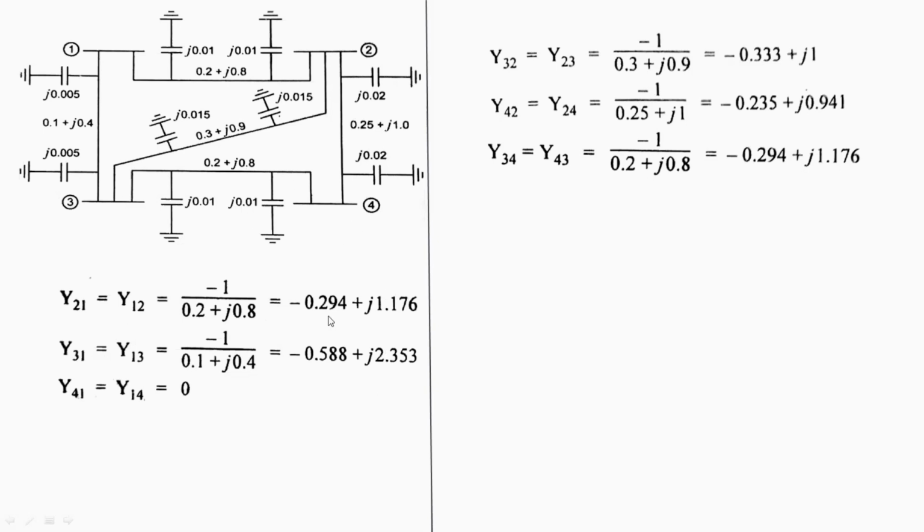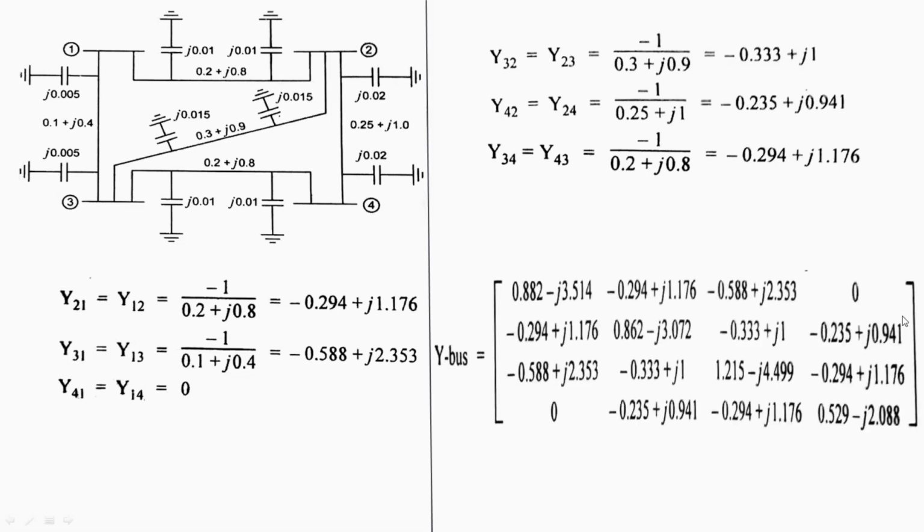Using a calculator, simplify and you get the answers. The number of buses in the system is 4, so the order of the matrix is also 4. Substitute all the values in the matrix and you get the bus admittance matrix. This is a very simple method for calculating the bus admittance matrix for any power system network.